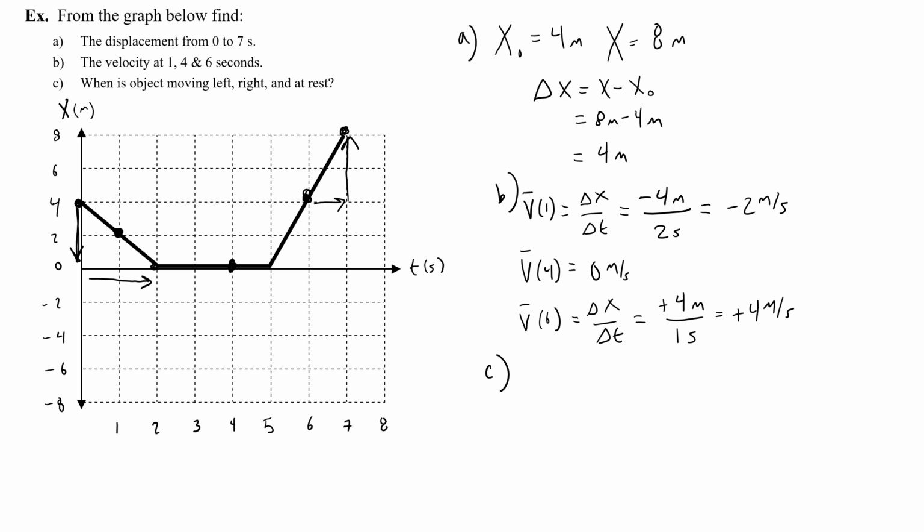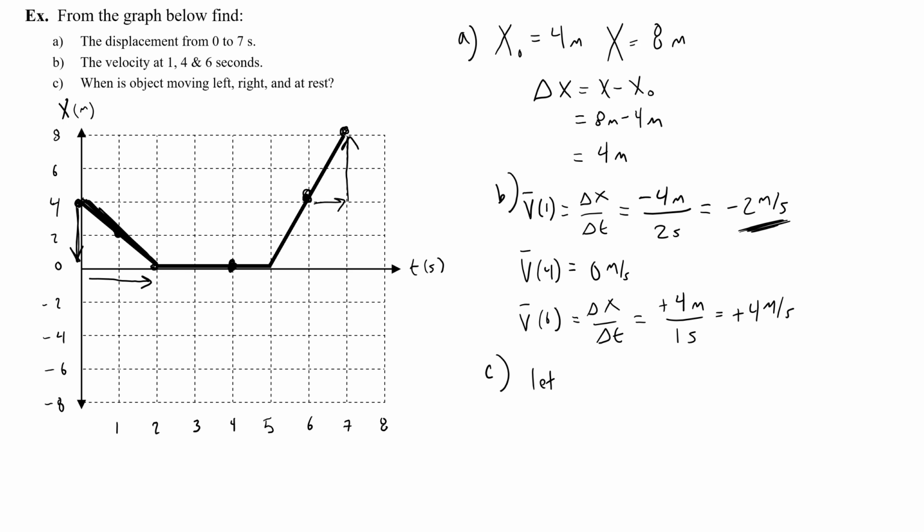Okay, so part C. If we're trying to figure out when the object is moving left and when it is moving right, we need to look at when the velocity is negative and when the velocity is positive. So I know that in the first velocity we calculated at 1 second, there was a negative slope. So that means from 0 to 2 seconds, the negative slope tells me that the object is moving left.